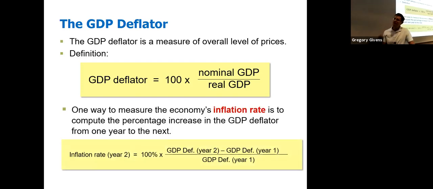Now, I think the biggest reason why the GDP deflator is a useful variable for us to pay attention to is because we can use it to tell us something about the economy's inflation rate. Now, let me stop right here for a minute and make sure that everybody is familiar with what we mean by the inflation rate.